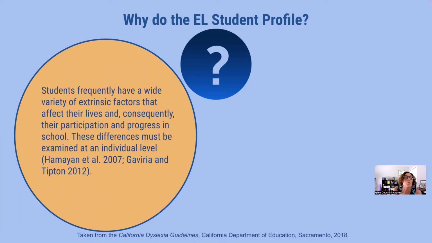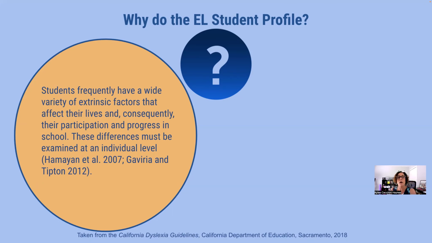Students frequently have a wide variety of extrinsic factors that affect their lives and consequently their participation in school and progress in school. These differences must be examined at an individual level. And learning a language, coming to the United States from another place, that is an extrinsic factor. That's a big deal.